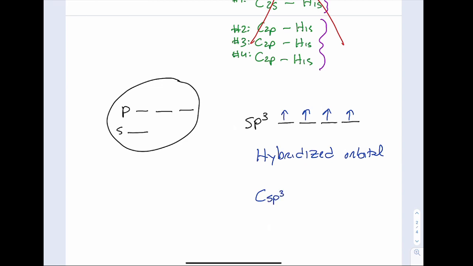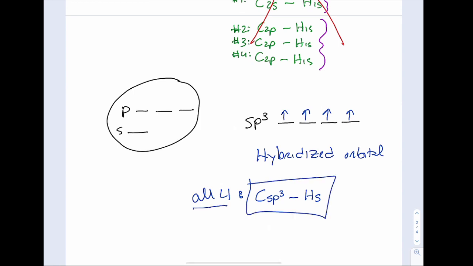It would actually be 2 sp3, but I'm not worried about the shell number, combining with hydrogen's 1s orbital. And all 4 of them are that overlap. So I have 4 bonds that are an sp3 overlapping with a 1s. All 4 of them are the same. All 4 of them have the same strength.